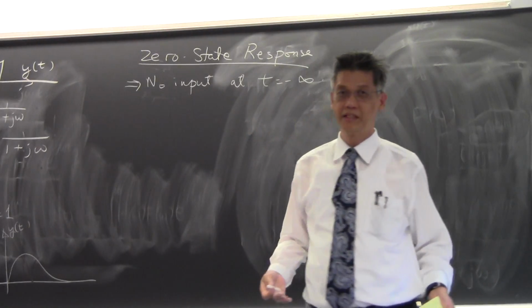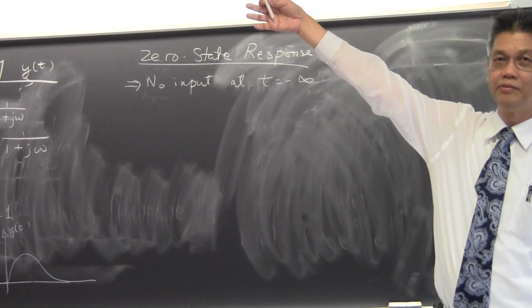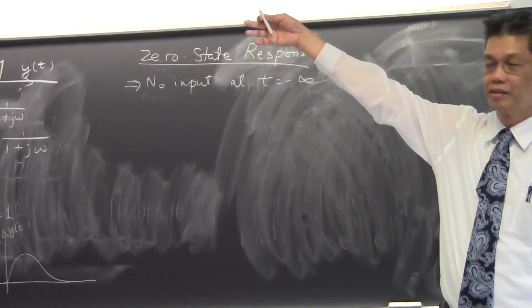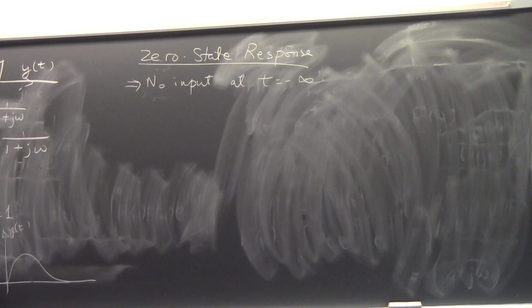If you have a system and there's no input to it at t equals minus infinity, which is the beginning of time, like this system over here, there's nothing before. Going to t equal to minus infinity, there's nothing there. And then at t equal to 0, I turn on the input. So there's no state before.